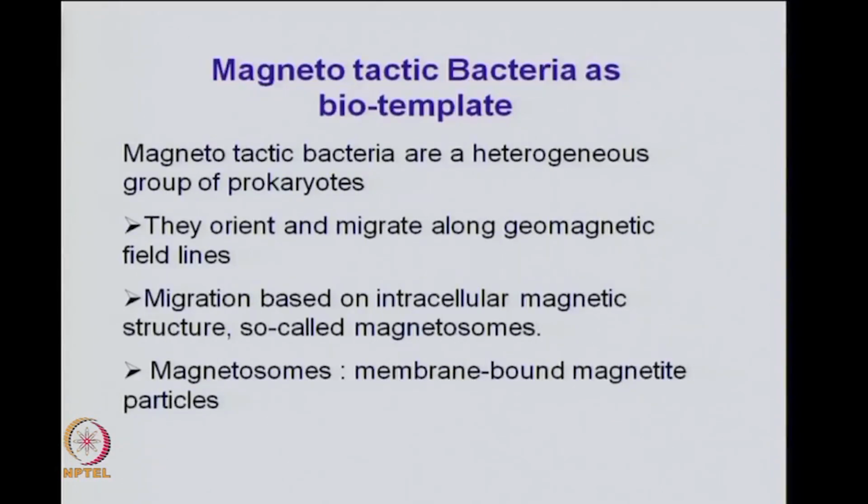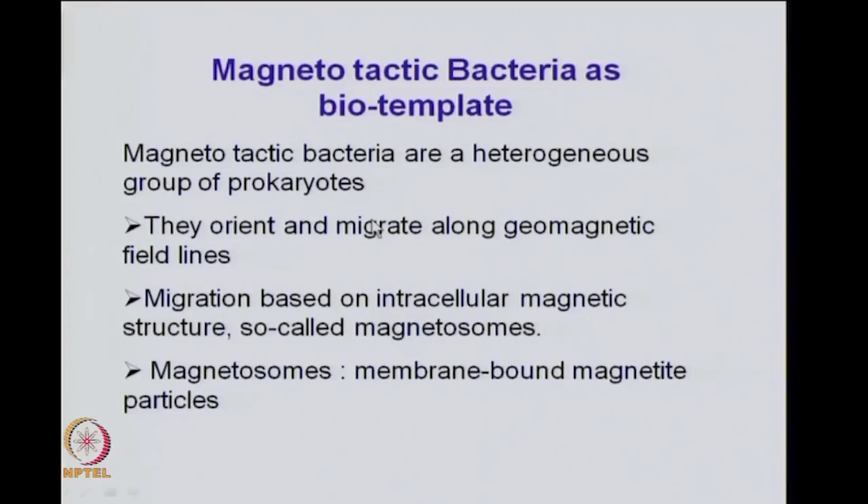Then you can use magnetotactic bacteria as a biotemplate. What are these magnetotactic bacteria? These are bacteria which are found mainly in the sea, and the word magnetotactic tells you that they have some magnetic property associated with them.